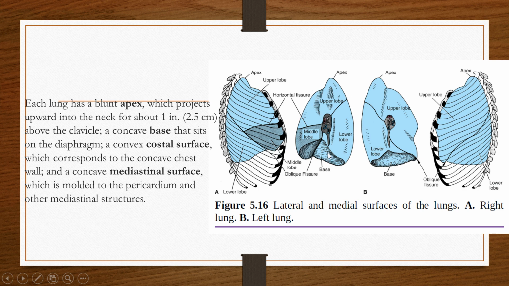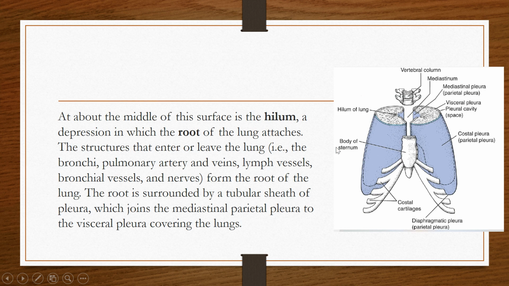Can you see the medial part of the lung? This is called the mediastinal surface because it is molded to the pericardium and other mediastinal structures. Again, I will repeat: in this diagram, we have studied the apex, the base, the costal surface, and the mediastinal surface.